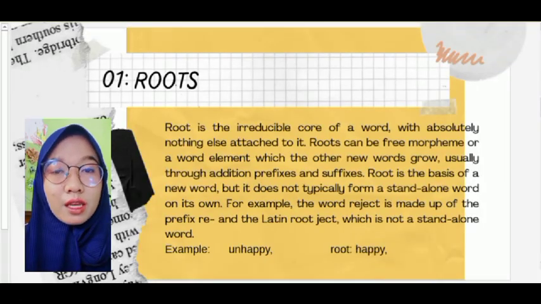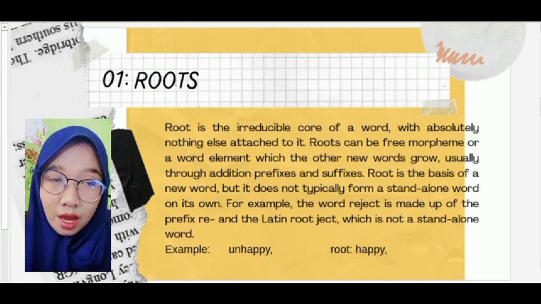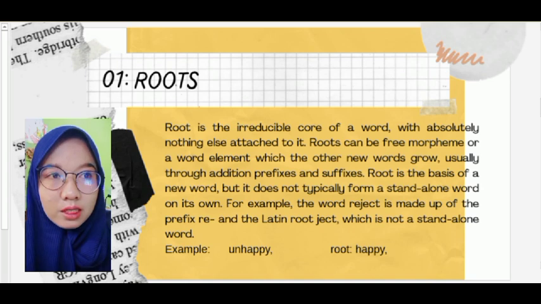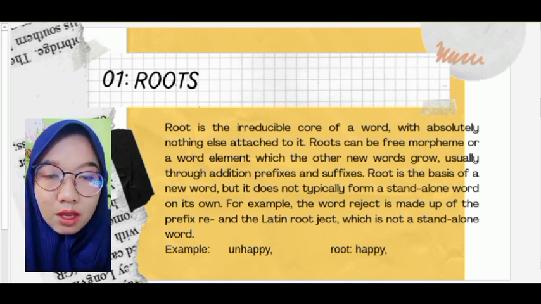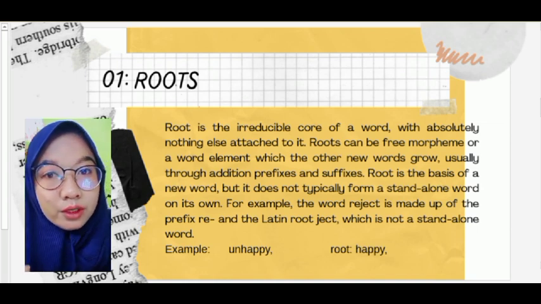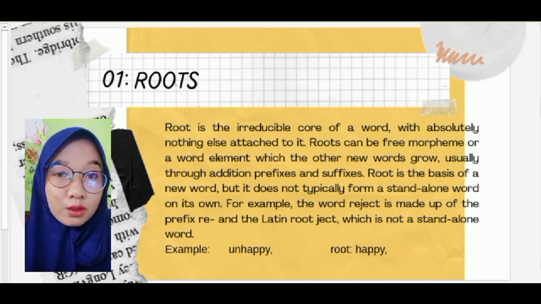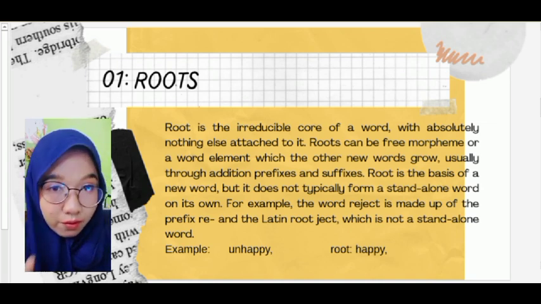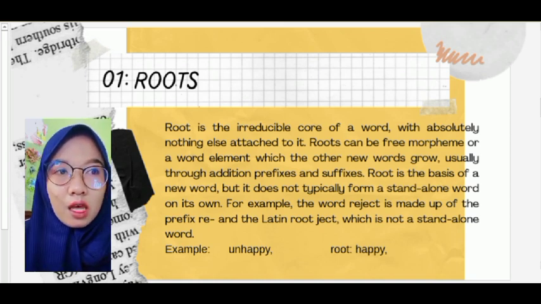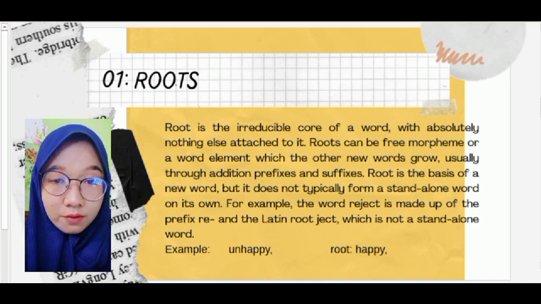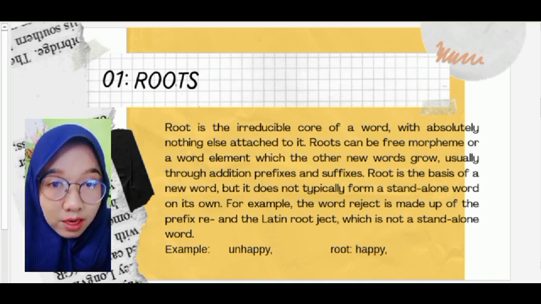Root is the irreducible core of a word with absolutely nothing else attached to it. Roots can be a free morpheme or a word element from which other new words grow, usually through the addition of prefix and suffix.